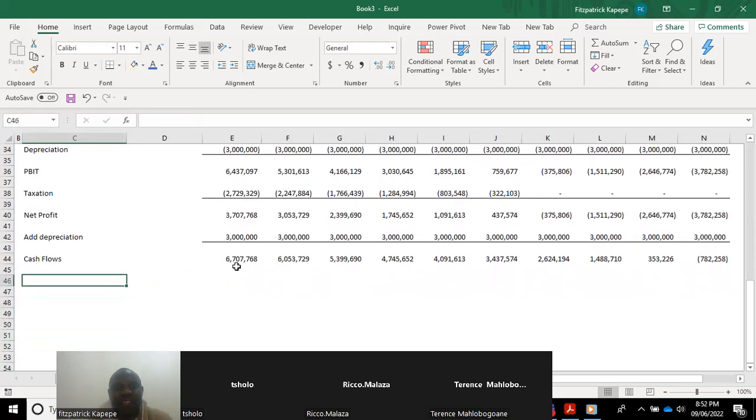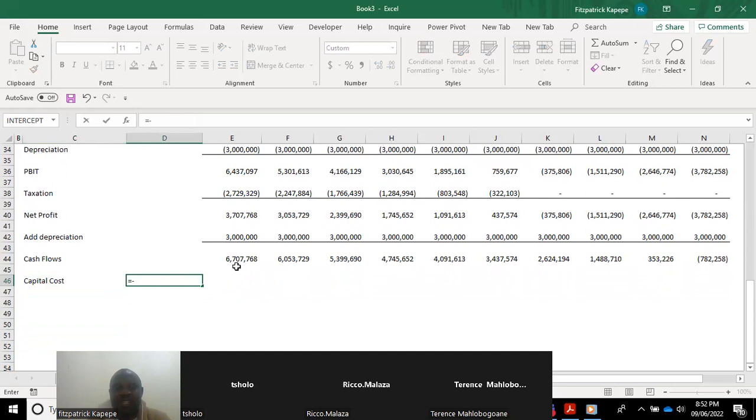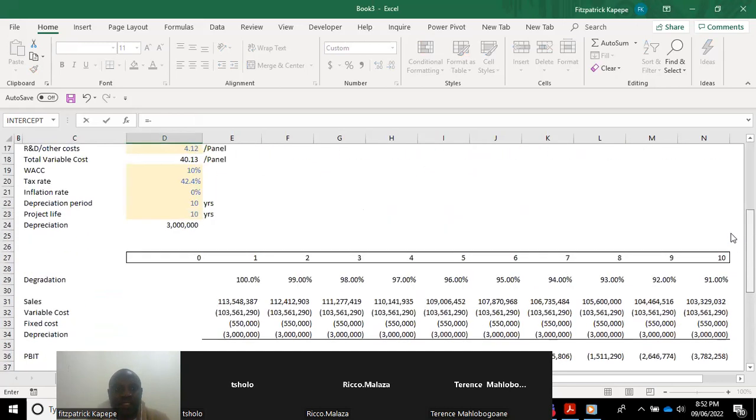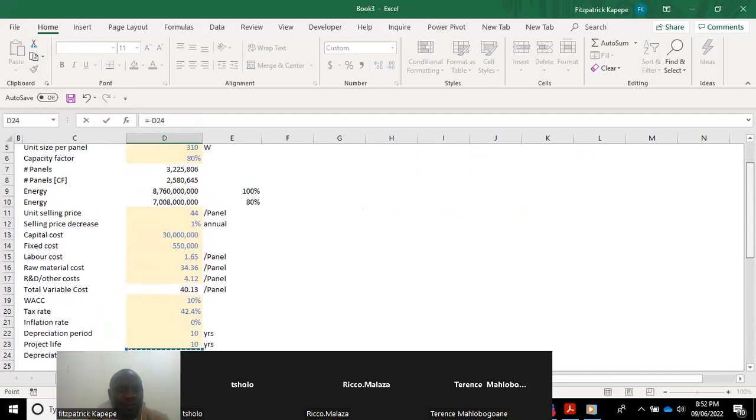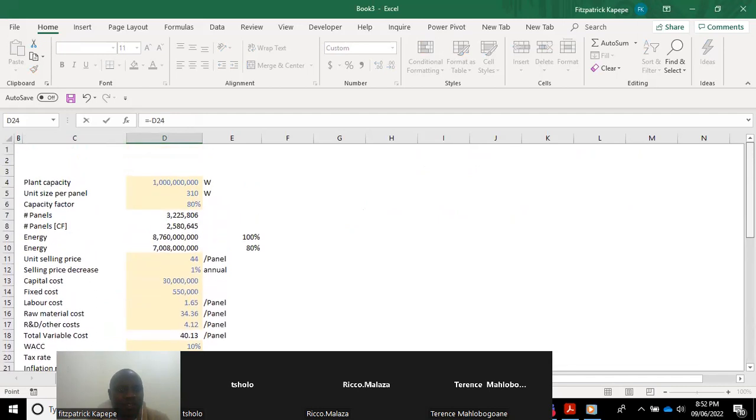Then now we can bring in the investment. What was the initial capital cost? Which would be in year 0 equals minus, we pick the 30 million. Or not this one, it's on top. What's the 30 million?